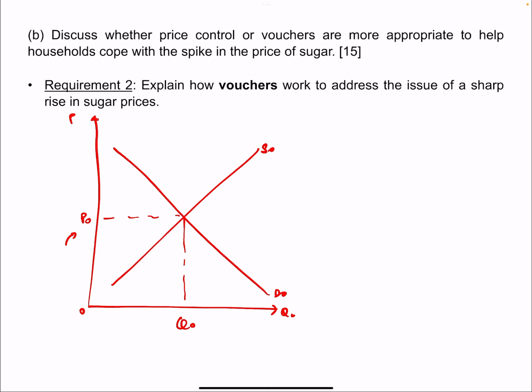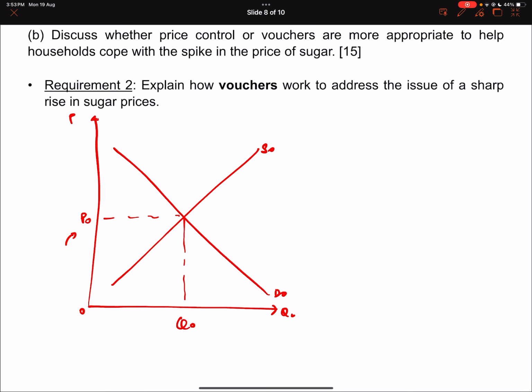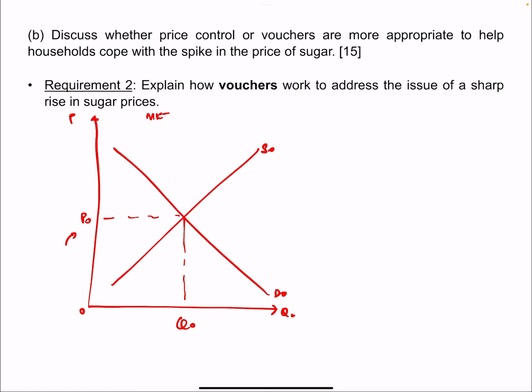So this is the market. Sorry, this is the market for sugar. And you put bracket low income households. So previously, these low income households, they couldn't buy the sugar at P0.